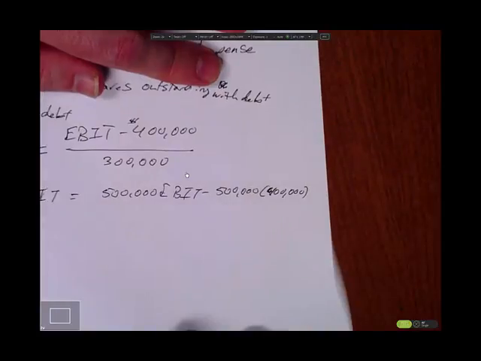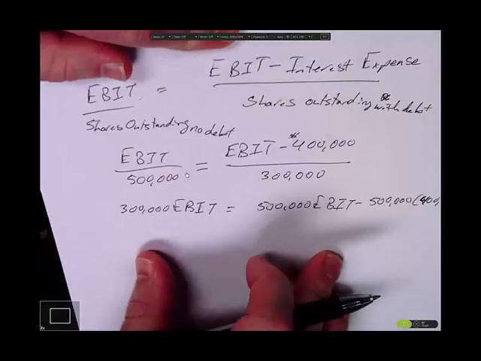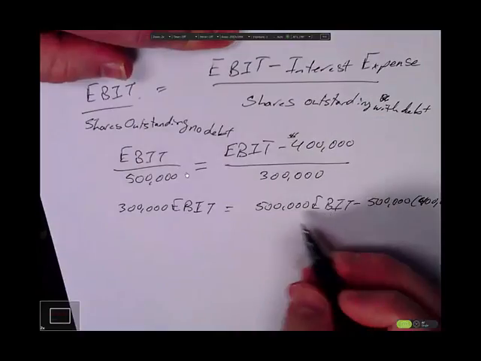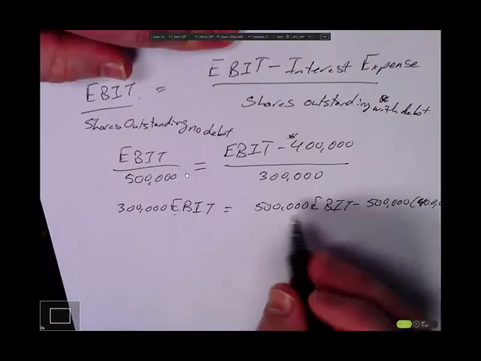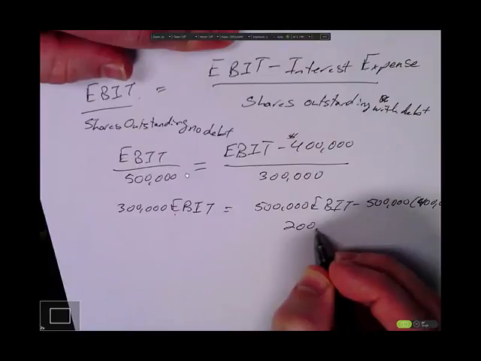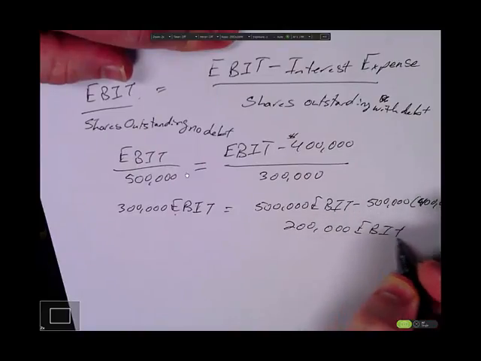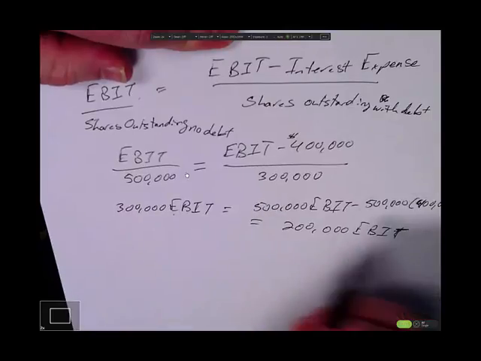And now what I want to do is move my EBIT numbers all to one side and then move this other number to the other side. So I'm going to subtract 300,000 EBIT from both sides, which will give me 200,000 EBIT is equal to, and then I'm going to move this number over to the other side.